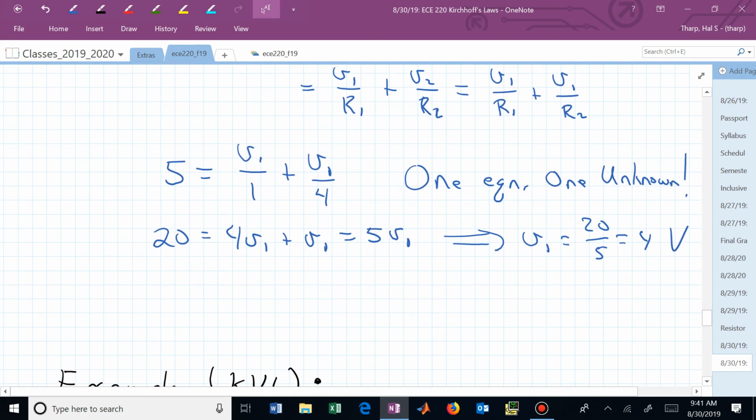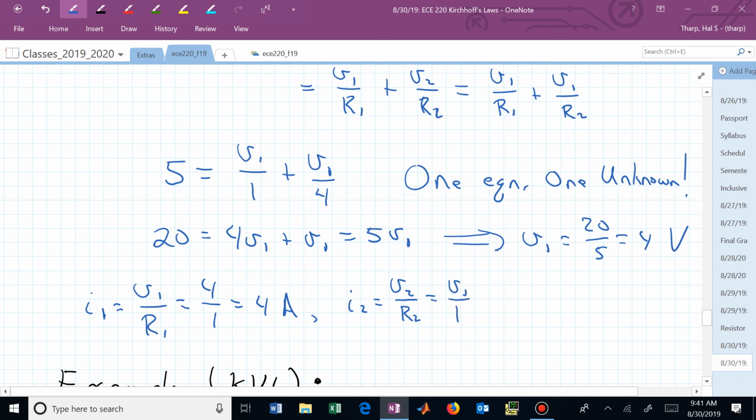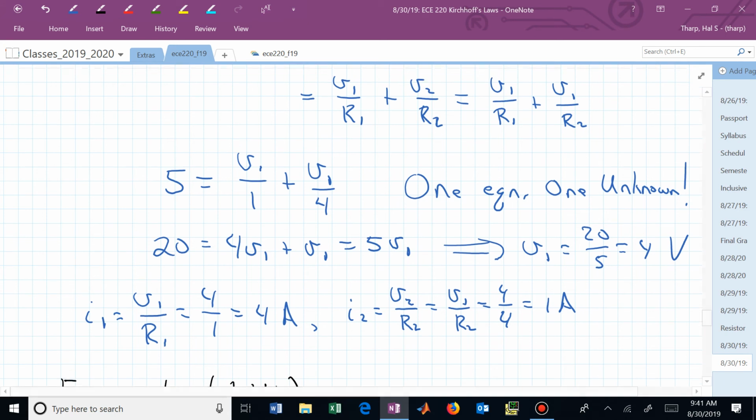We can now use that to solve for I1 and I2, and now we know that I1 is 4 and I2 is 1.